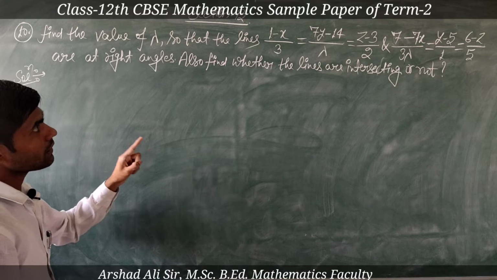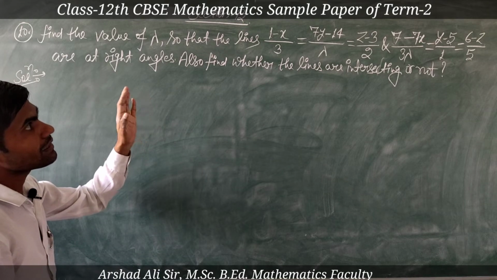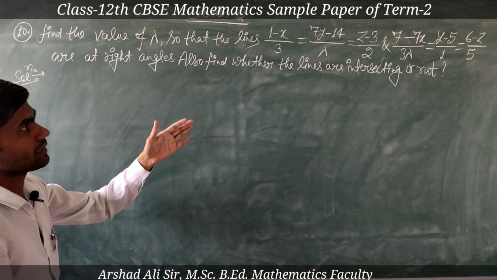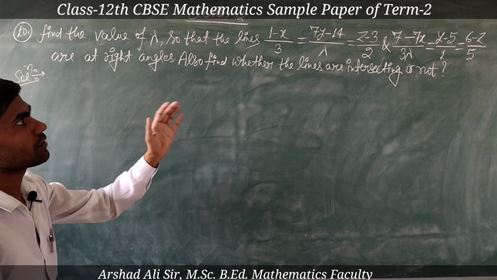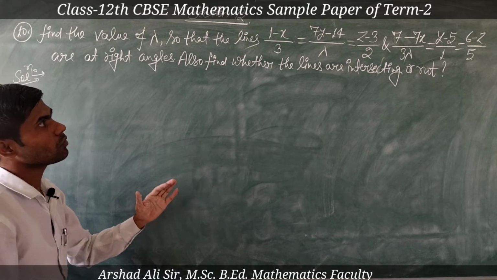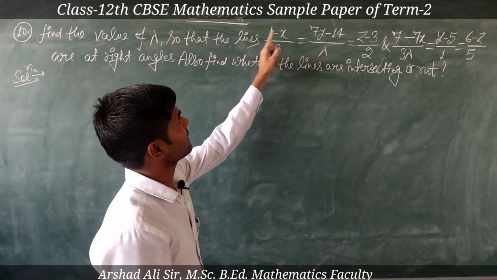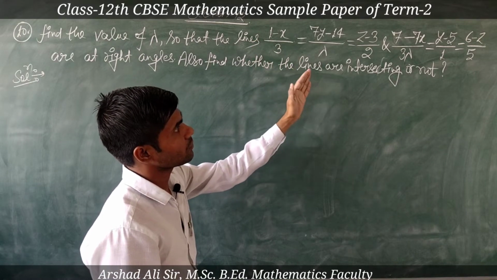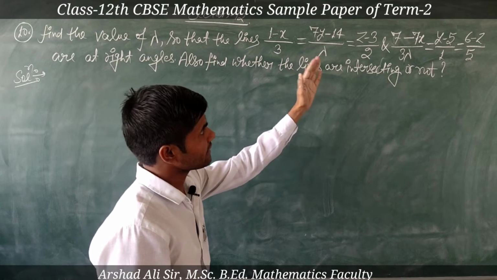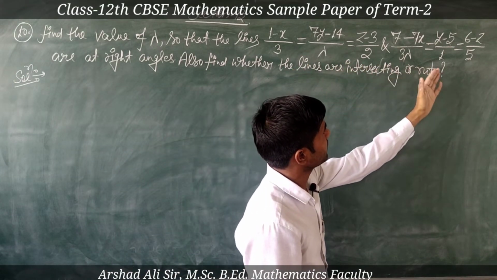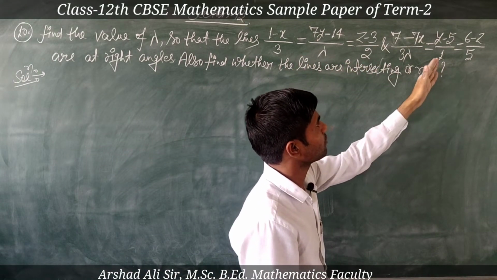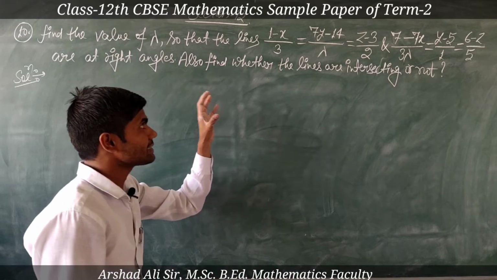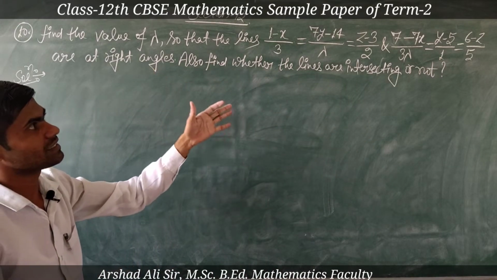First we will think about whether the lines are in standard form or not. The given lines are not in the standard form. What is the standard form of lines? x minus x1 upon a1, y minus y1 upon b1, z minus z1 upon c1, and x minus x2 upon a2, y minus y2 upon b2, and z minus z2 upon c2. But these given lines are not in the standard form.